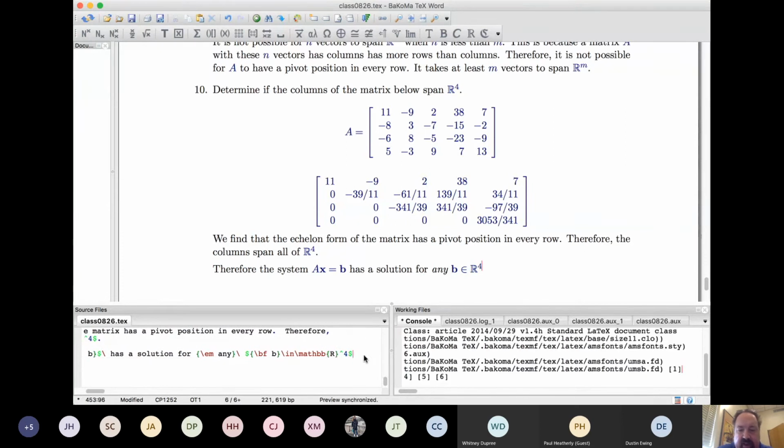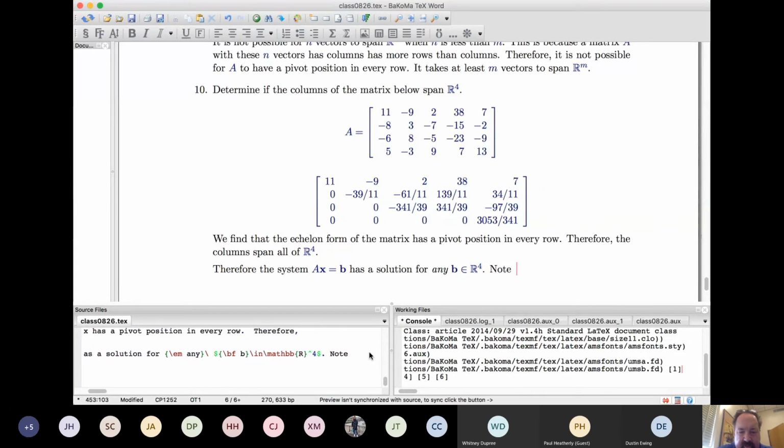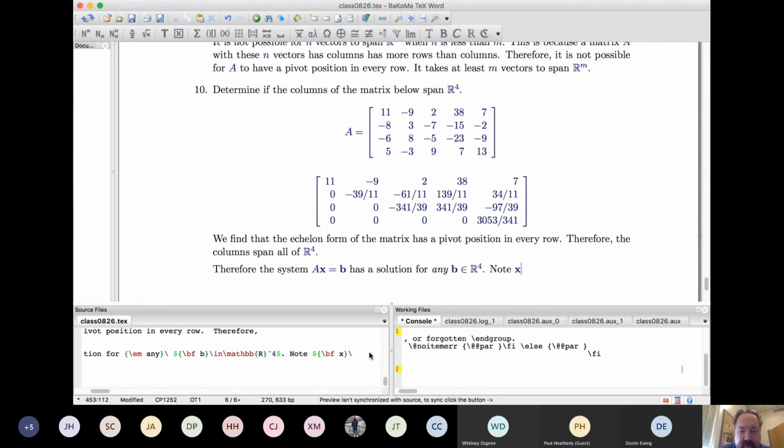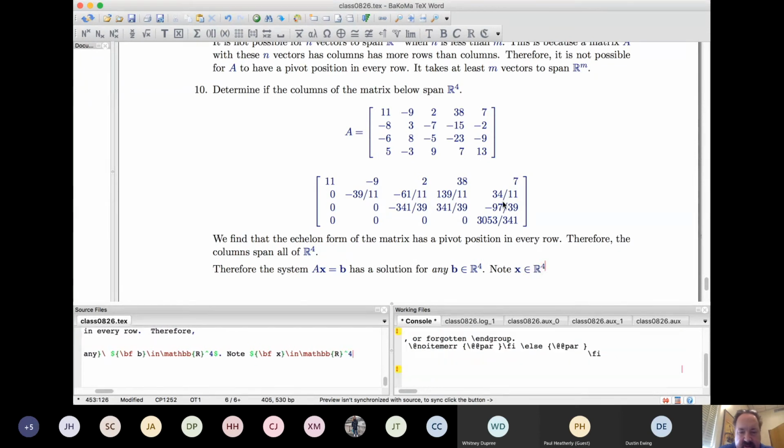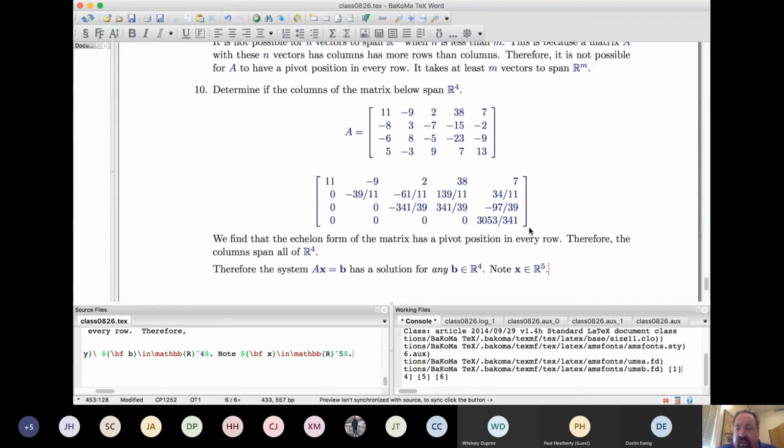But what also can be said is that the solution X that we would get, because the matrix has 5 columns, is in R5.